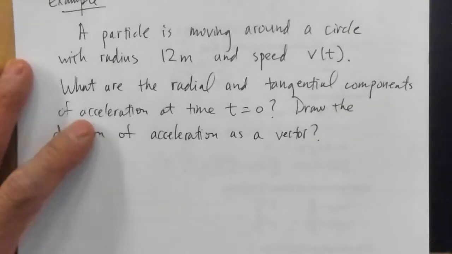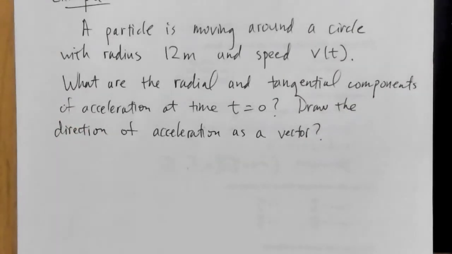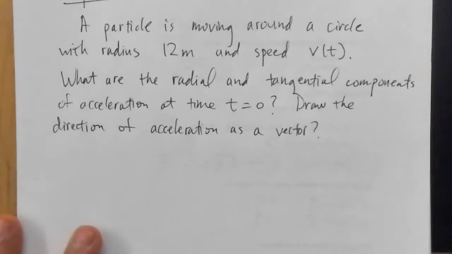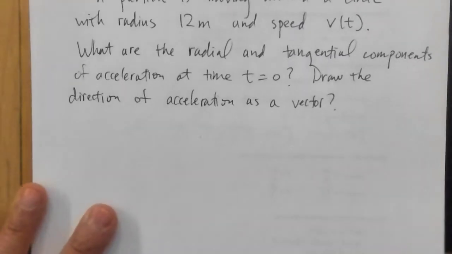Okay, so it's kind of hard to probe you on this with clicker questions because it's just a bunch of little questions I'll ask. So we'll just do it together.